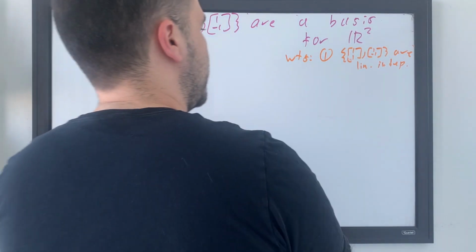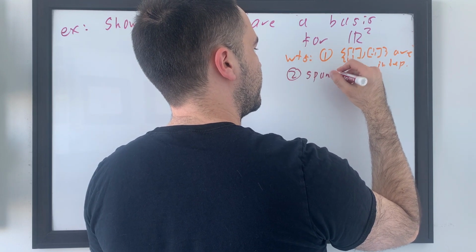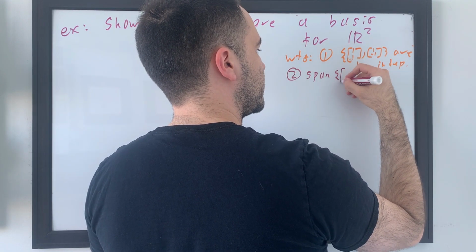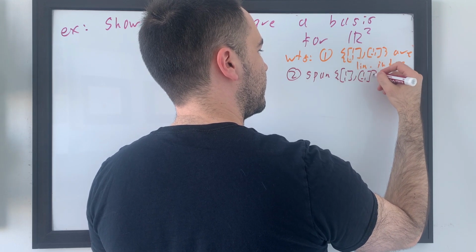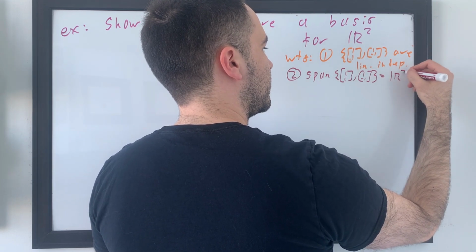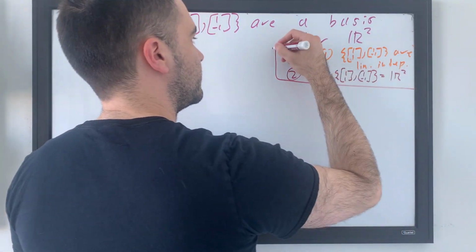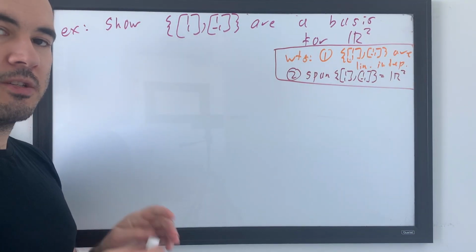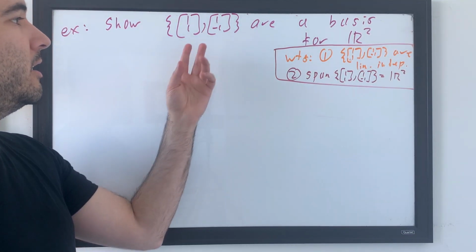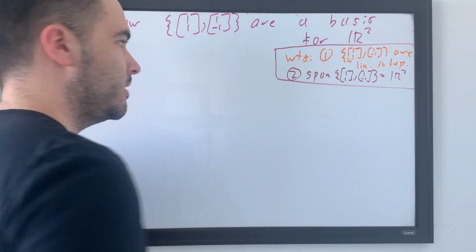And the second thing we need to show is that the span of these vectors, (1, 1) and (1, minus 1), is equal to R2. So in any type of basis question you're going to have going forward, you need to do these two in order to prove something is a basis. So let's get started.